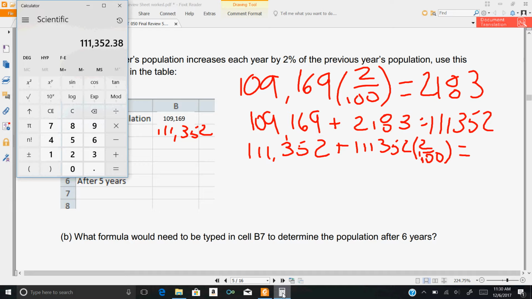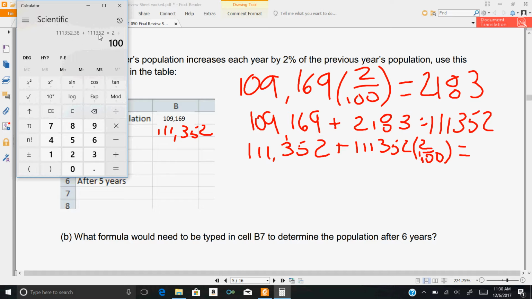I'm on scientific notation. So I got my 111,352. Already got that in there. So I'm going to say plus 111,352 times 2 divided by 100. And you'll notice my calculator is doing PEMDAS.